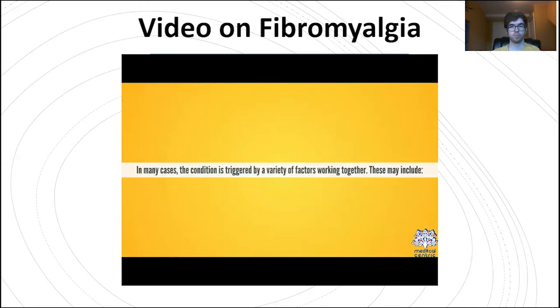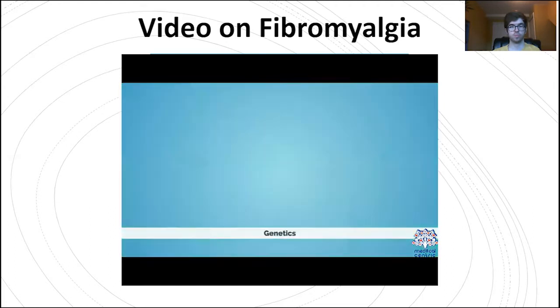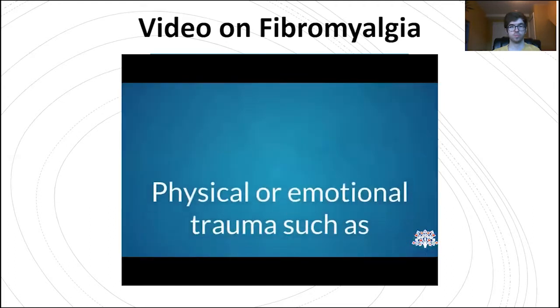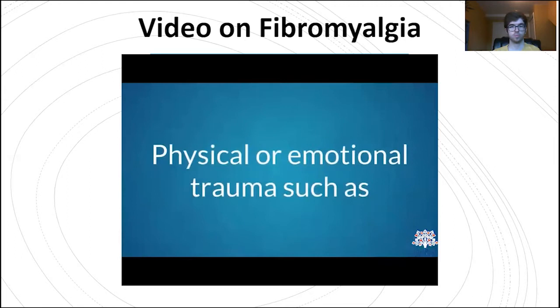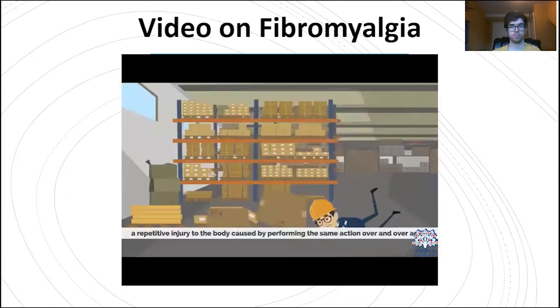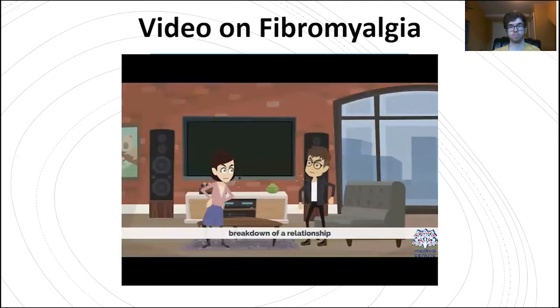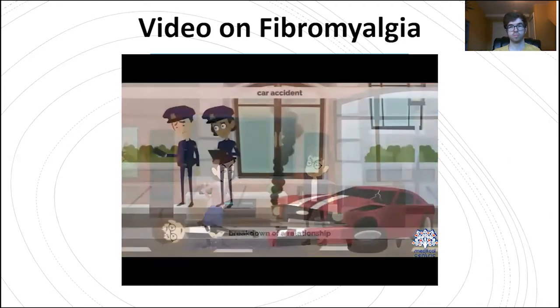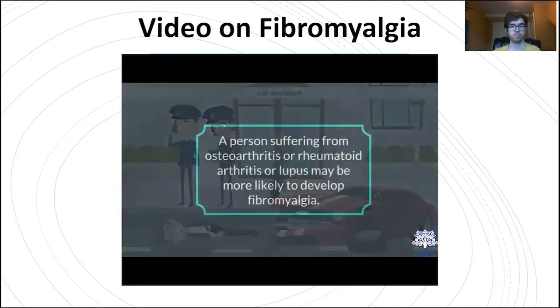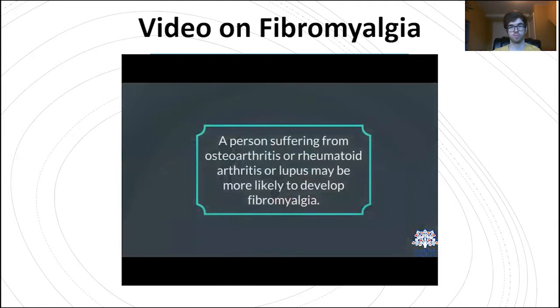These may include an infection, genetics, physical or emotional trauma, such as a repetitive injury to the body, caused by performing the same action over and over again, the death of a loved one, breakdown of a relationship, car accident. A person suffering from osteoarthritis or rheumatoid arthritis or lupus may be more likely to develop fibromyalgia.